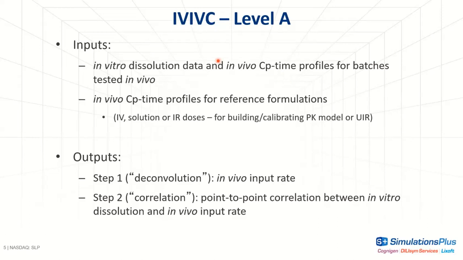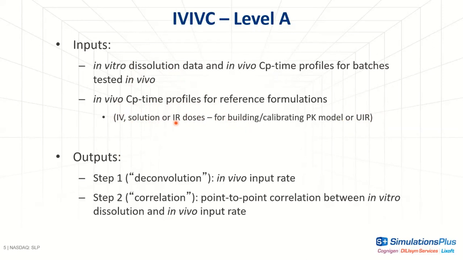So before you get to the deconvolution step, you do need to get the baseline PK model or the UIR, and this is typically built using either intravenous or IR data, or data from immediate release formulations or solution doses, to basically generate those baseline PK parameters.